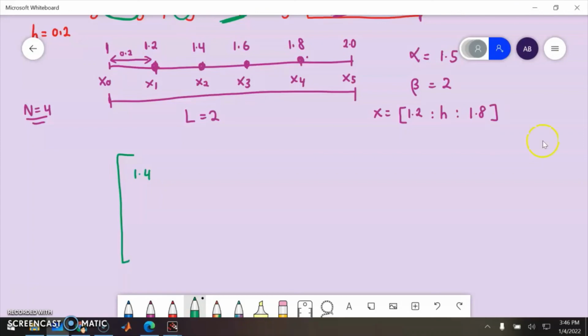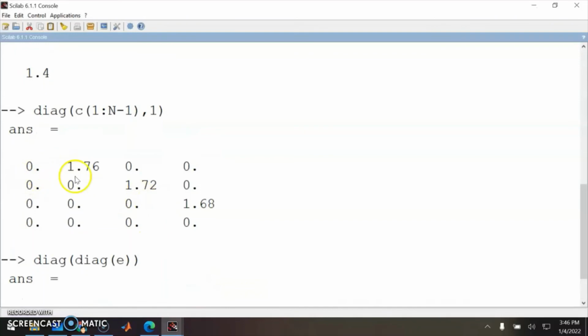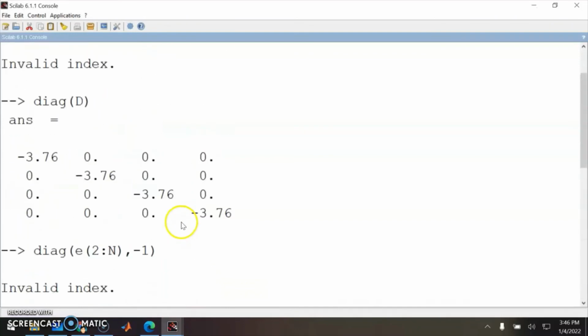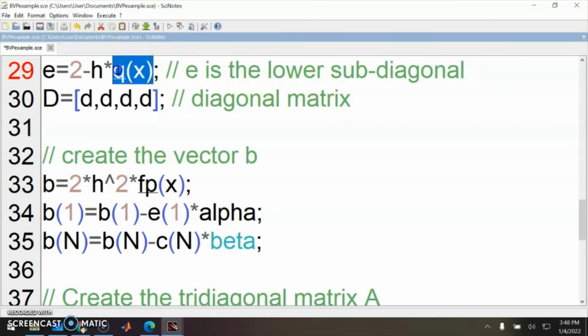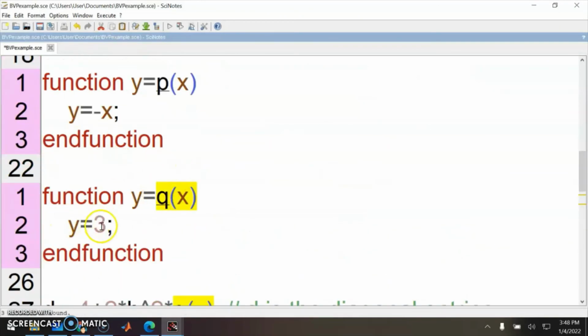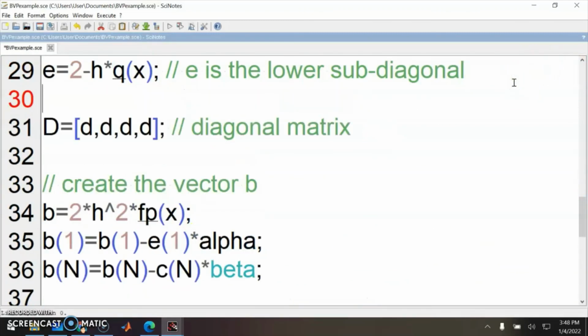And this is my diagonal, whatever I have computed earlier on. This is my C value. Diagonal is already negative 3.16. For E, I need to have 1.4, 1.4, 1.4. So that's what we've got to figure out. To create that E of lower entries, just because my qx is constant here, it's just giving me one element. So let's fix this.